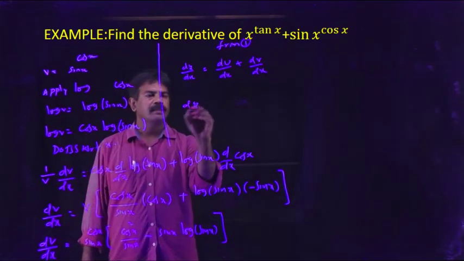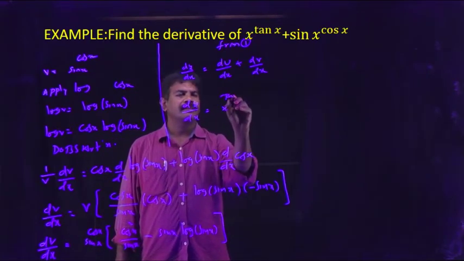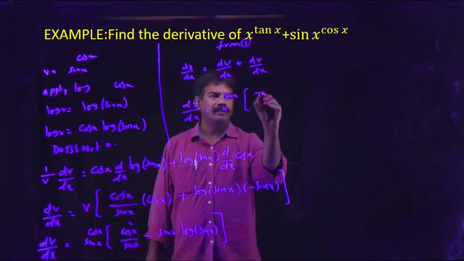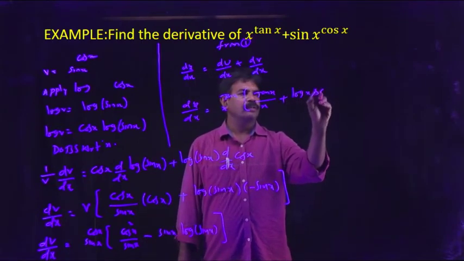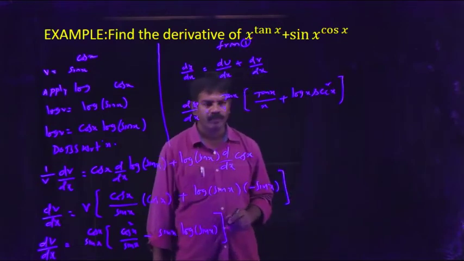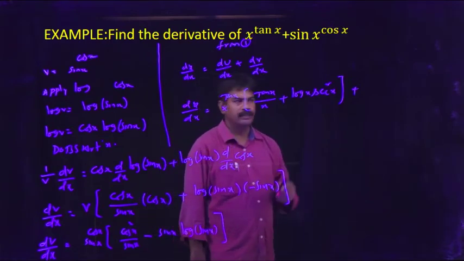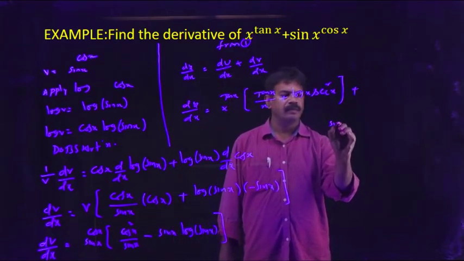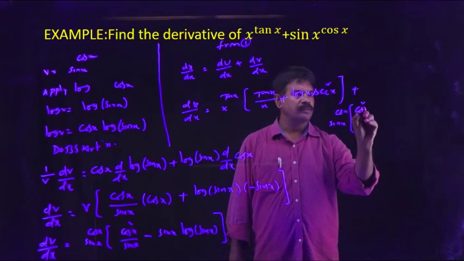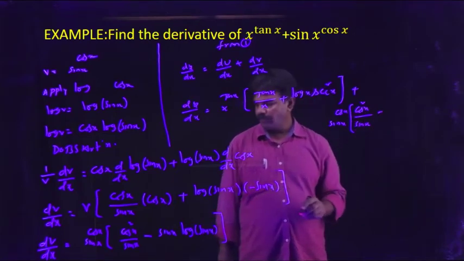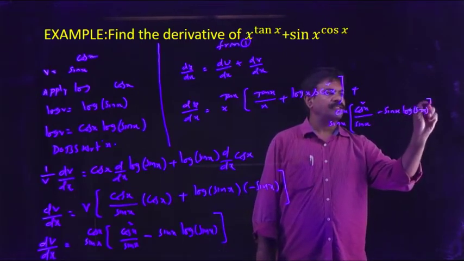That is dy by dx is equal to, du by dx means x power tan x into tan x by x plus log x into secant square x, plus dv by dx, sin x power cos x into cos square x by sin x minus sin x into log of sin x.